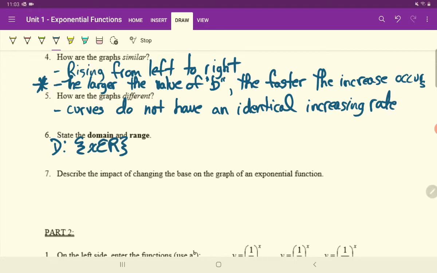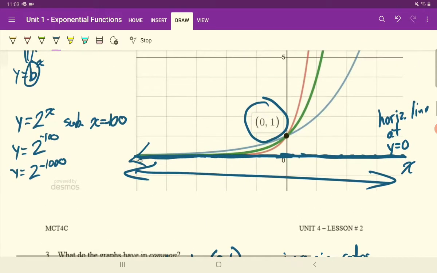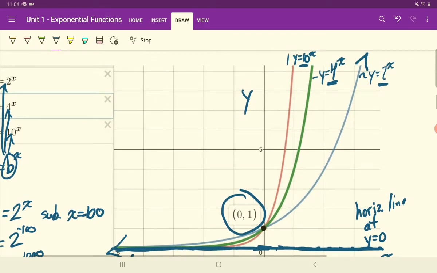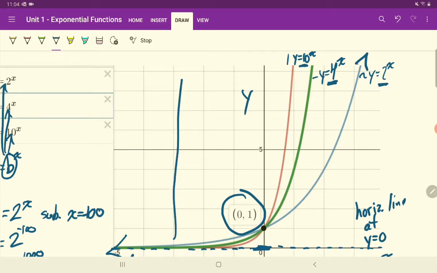Okay, the range, however, remember we do have to write that y is an element of real numbers, except for the range, there's a restriction. There was no restriction on the x. It could go on forever in both directions for x. But for y, there is a restriction. What do the y values always have to be? Greater than 0.